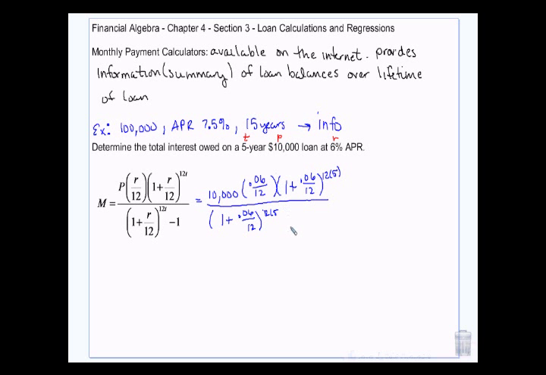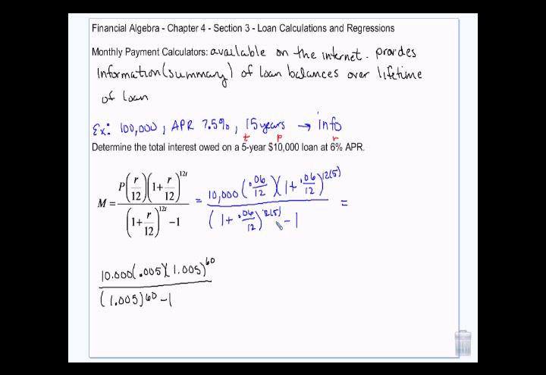Oops, that's not a parenthesis. -1. Okay, so 0.06 divided by 12 is 0.005. So this becomes 10,000 times 0.005 times 1.005 to the 60th, over 1.005 to the 60th minus 1.